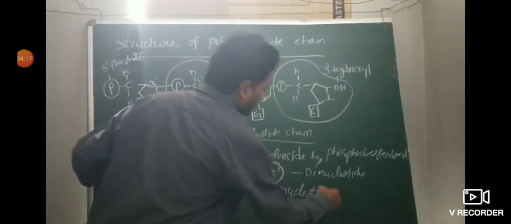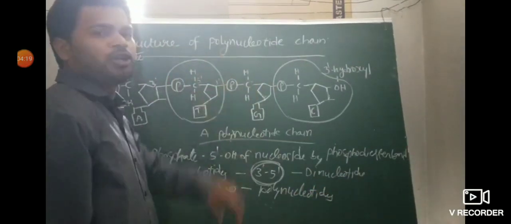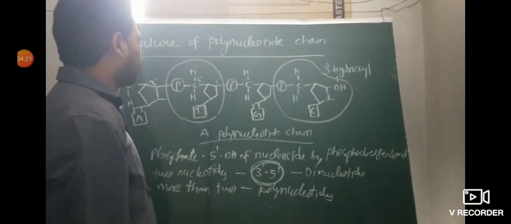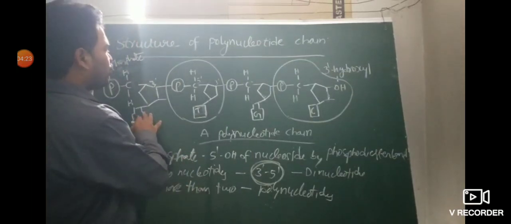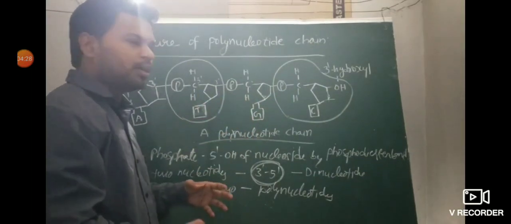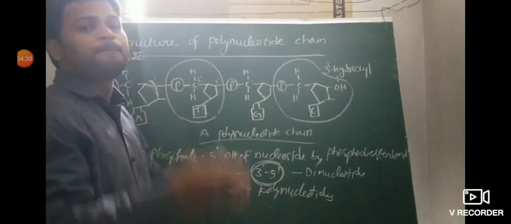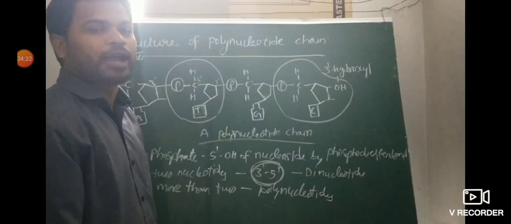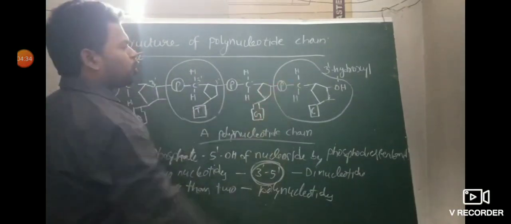More than two nucleotides are joined together, then form polynucleotide structures. So this is the polynucleotide chain.